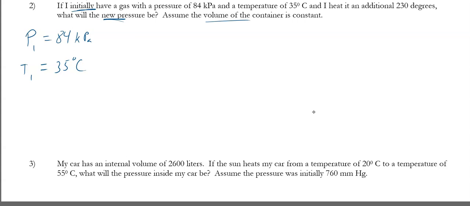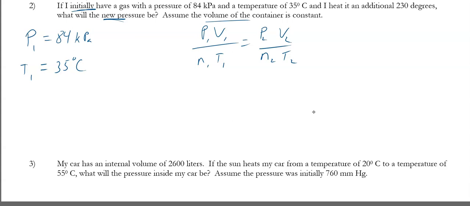So let's write out the whole gas law. P1 V1 over N1 T1 equals P2 V2 over N2 T2. Oops, sorry, that's supposed to be a V2 right there. All right, now which variables do we not care about here?